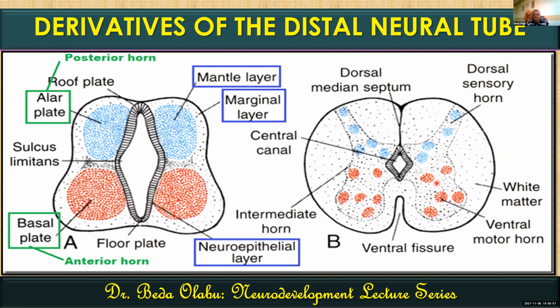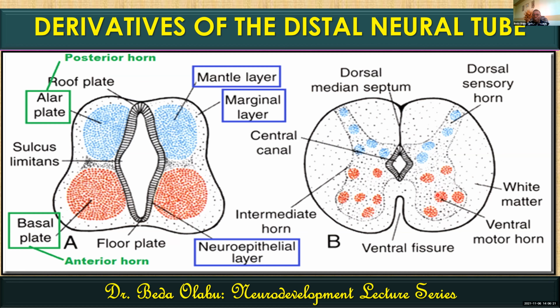Remember, the ventral horn represents the somatic motor column. So what the basal plate does is give rise to neurons whose axons leave the spinal cord to innervate skeletal musculature.